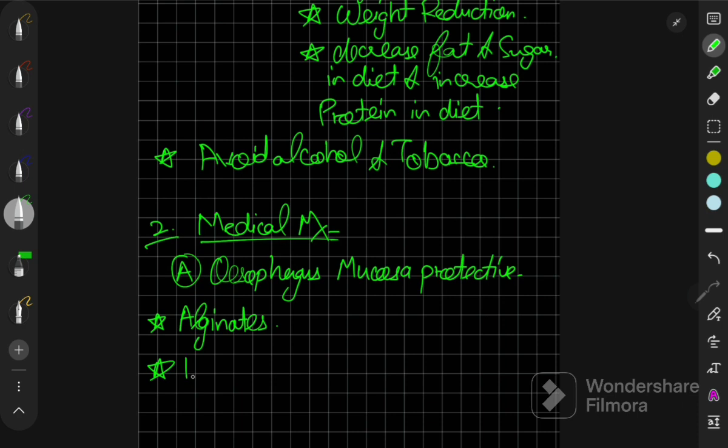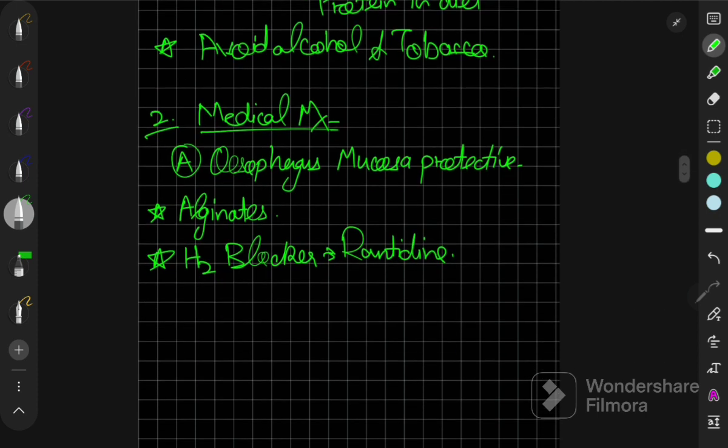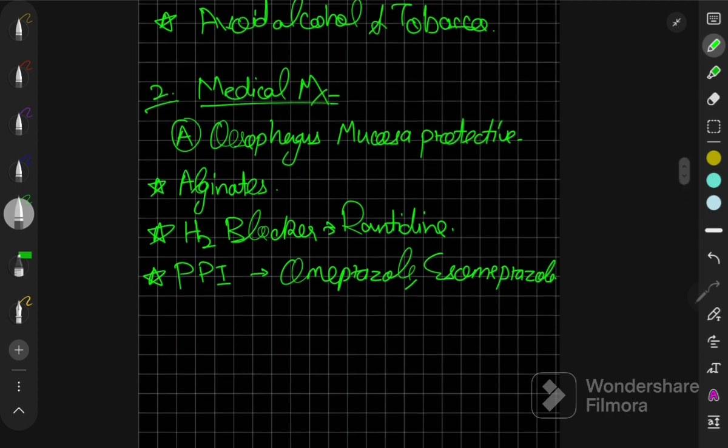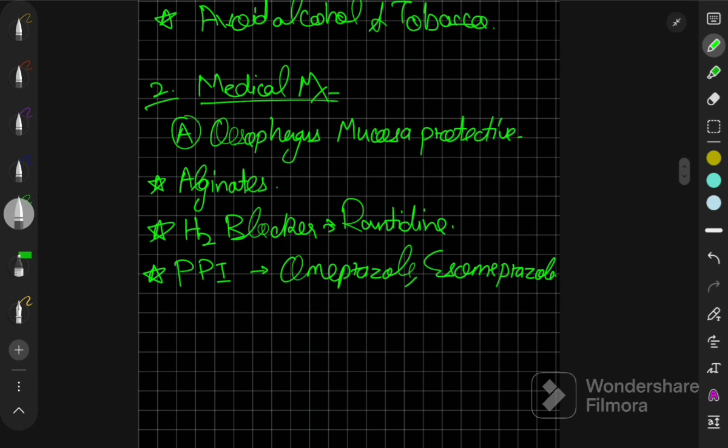Then comes the H2 blocker, ranitidine. Then proton pump inhibitors, omeprazole, esomeprazole. This is the medical name for esophagus mucosa protectives.